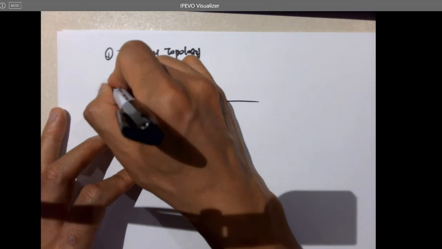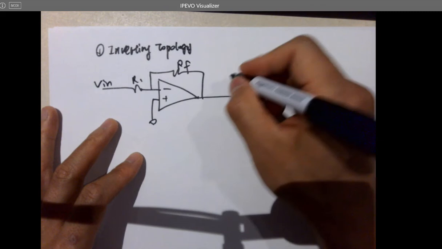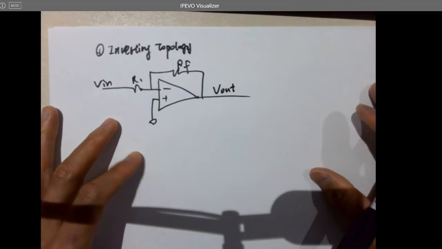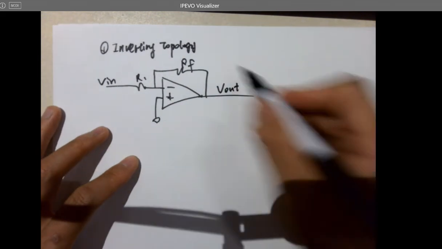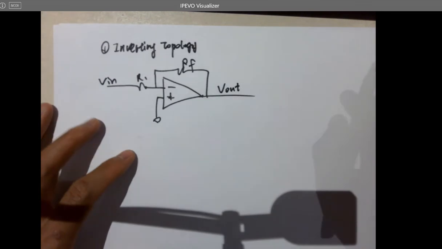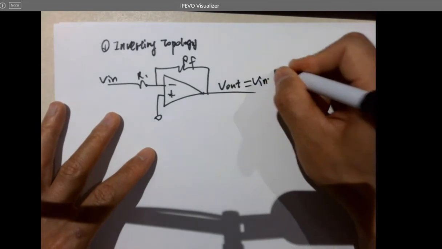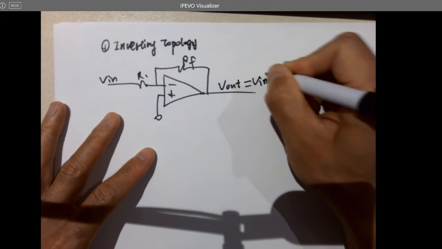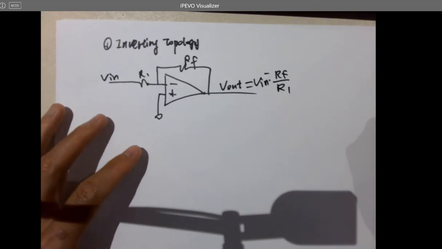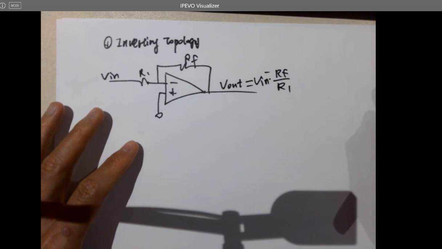That's V in, R1, RF is feedback resistor, VL. That's called inverting topology because the input is being injected into the inverting terminal. And the voltage gain of this guy is V in times minus RF over R1. So it has a 180-degree phase shift.